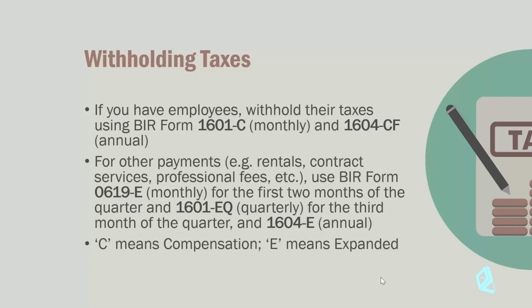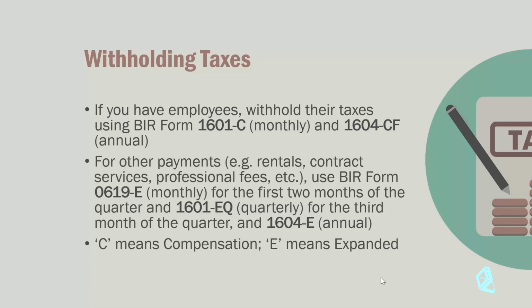Previously, this was 1601E. Now it's 0619E monthly for the first 2 months of the quarter, and 1601EQ quarterly for the third month of the quarter, and finally 1604E, which is the annual reporting of your withholding taxes for payments other than to your employees.